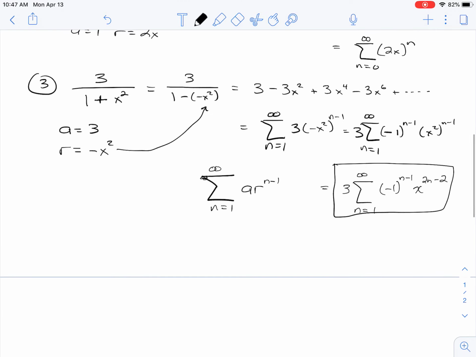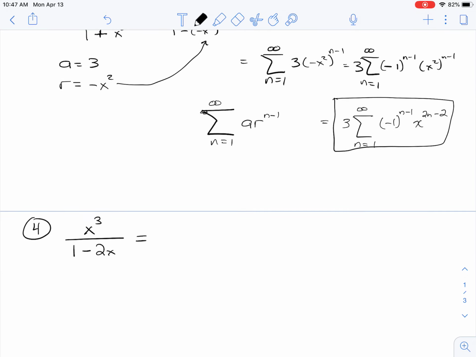Let's do one more. Suppose we have the series x cubed over 1 minus 2x. And we want to write this as a series. Now the first term is x cubed. And the common ratio is 2x.